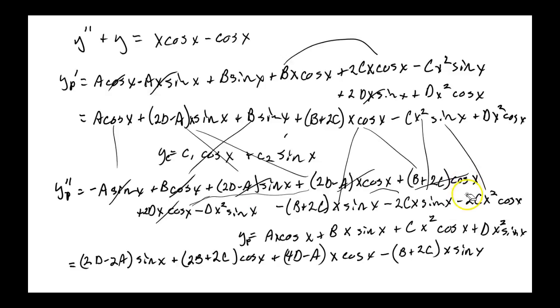I think this is just a cx squared here, not 2c, because it came from that term, and that was minus cx squared sine x. Okay. So let's just write them down.